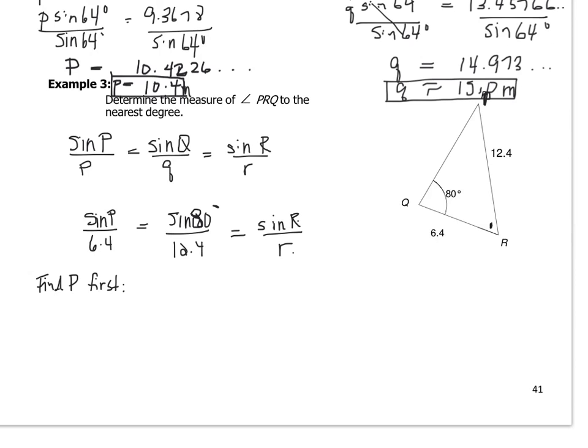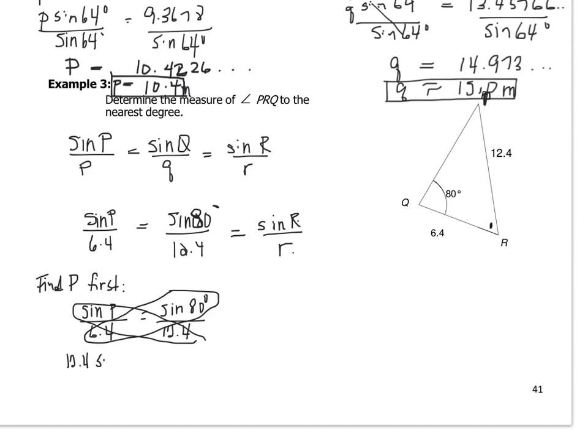So we're going to find sine of P over 6.4 equals sine of 80 over 12.4. And we're going to cross multiply those. And we're going to get 12.4 sine P equals 6.4 sine 80. And we want to isolate sine P, so we're going to divide both sides now by 12.4.